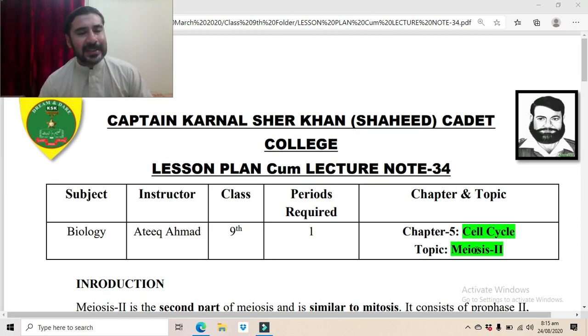So one cell is divided into two cells in meiosis 1, and each cell contains 23 chromosomes. Those 23 chromosomes have 46 chromatids, and 46 chromatids means 46 chromosomes' worth of DNA here, because the DNA in each chromatid is equal to one chromosome. Now we will move towards meiosis 2.